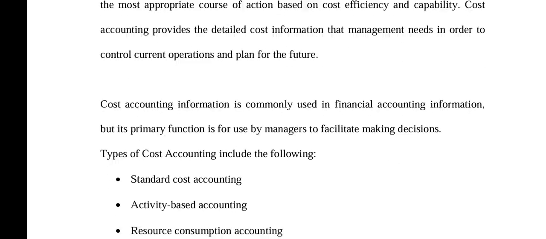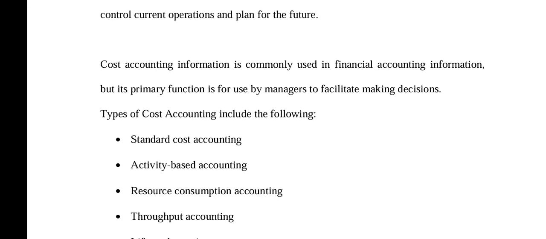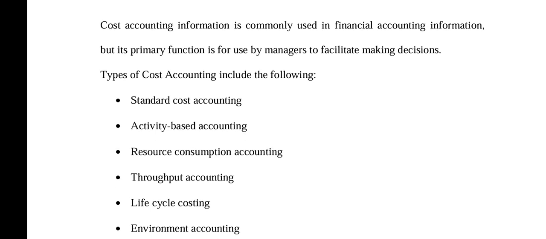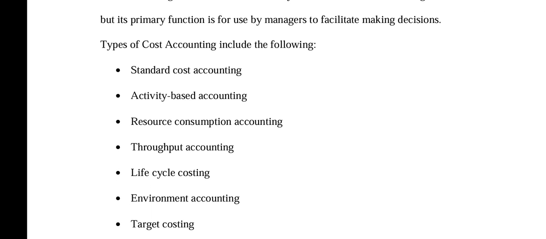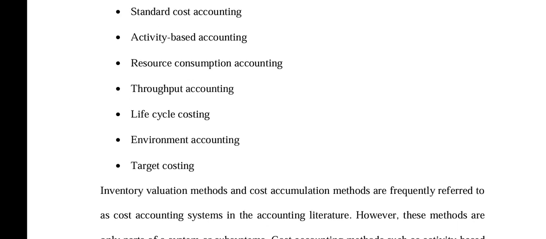Now moving down, we are going to look at types of cost accounting. We have various types of cost accounting: standard cost accounting, activity based accounting, resource consumption accounting, throughput accounting, life cycle costing, environmental accounting, and target accounting.